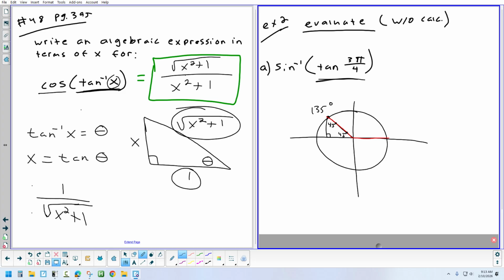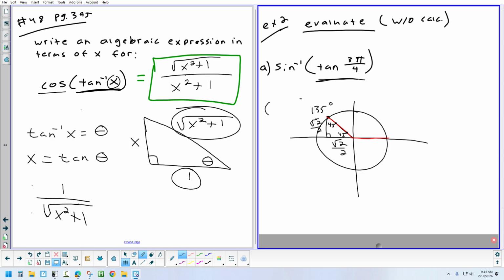How long is each side in a 45, 45, 90? I mean, how long is each leg? I know the hypotenuse is 1. But what's the length of each leg in a 45, 45 on a unit circle? Yep, both root 2 over 2. Now, we need the coordinate for 135, because we're trying to use unit circle trig to get this answer.